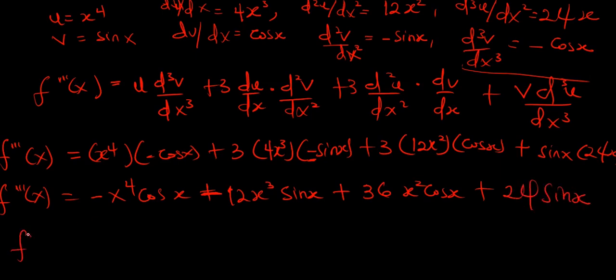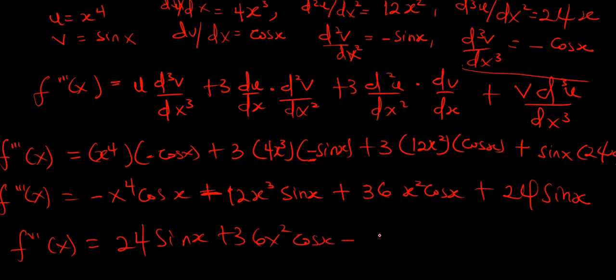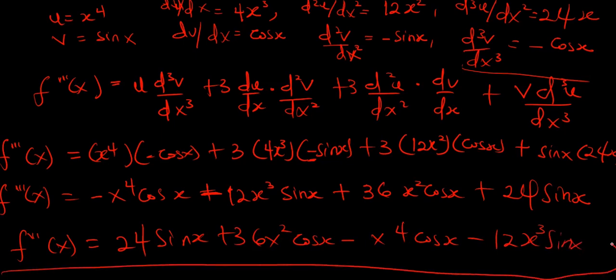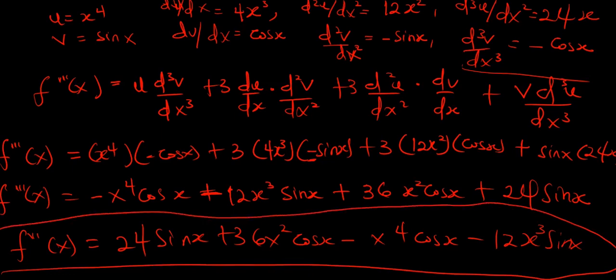So we can rewrite this and bring the positive ones first to have 24 sine x plus 36x² cos x minus x to the power 4 cos x minus 12x³ sine x. So this becomes our final answer. So when we take the third derivative of x to the power 4 sine x, this is what you are going to get.